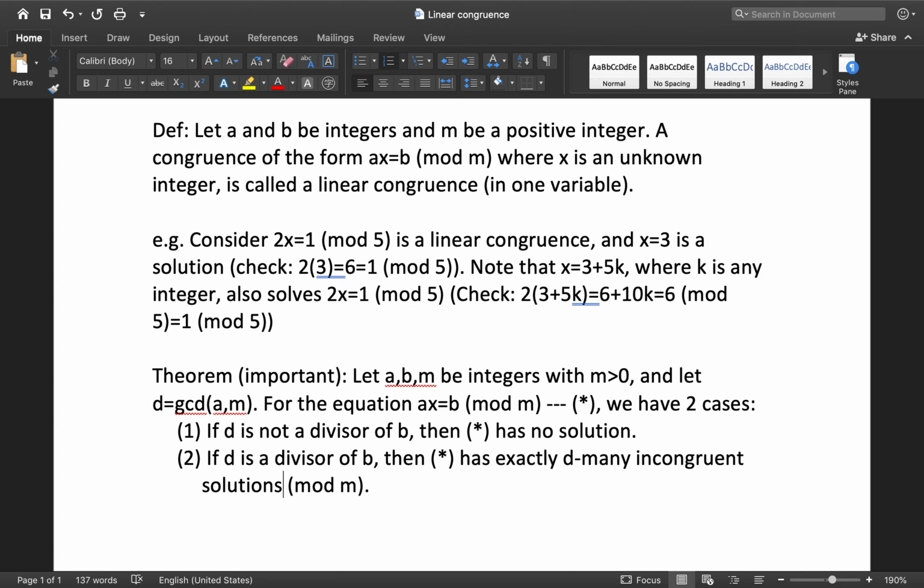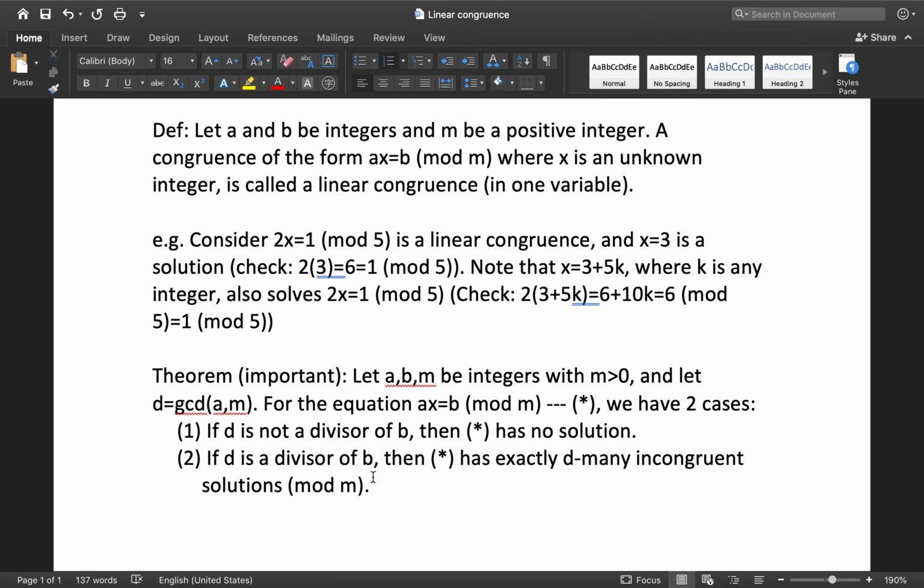Even though you have infinitely many integers, you can divide them into two classes, even or odd. A similar case happens here. Even though you have infinitely many solutions, you can divide them into finitely many classes in terms of incongruent solutions. So d many incongruent solutions means d many classes. So that is the theorem.